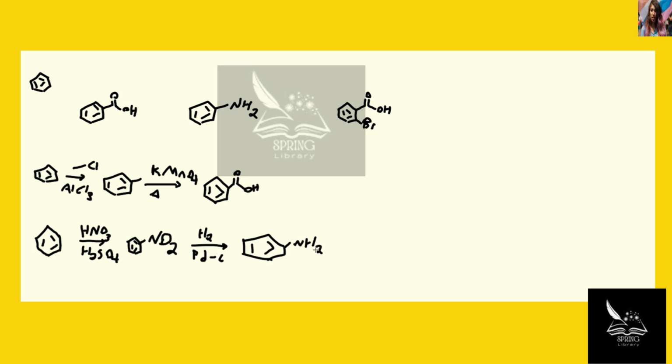But another way we could do this is through nucleophilic aromatic substitution. Now we make our benzene ring into the electrophile by reacting it with, for example, Br2 and FeBr3. And then we get the addition of bromine. But here's the issue: we can have polyhalogenation products being formed.